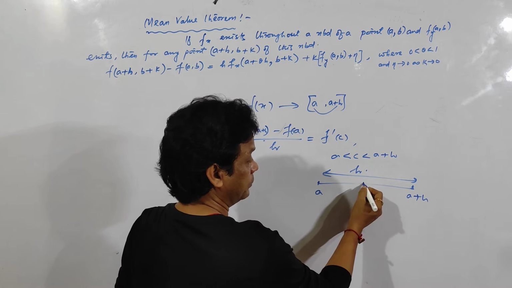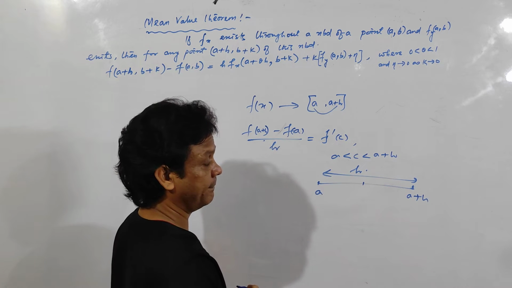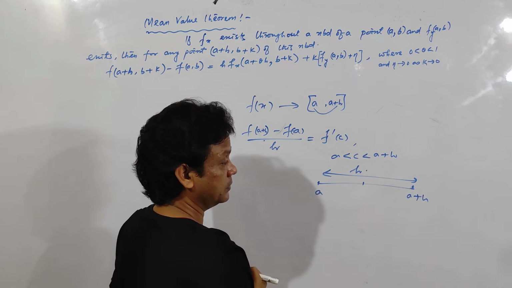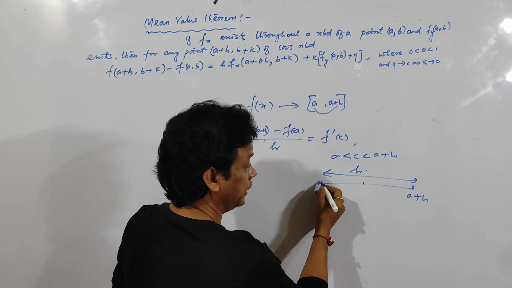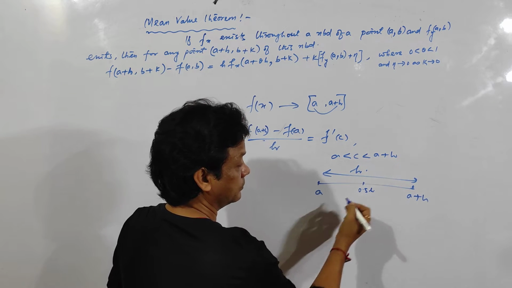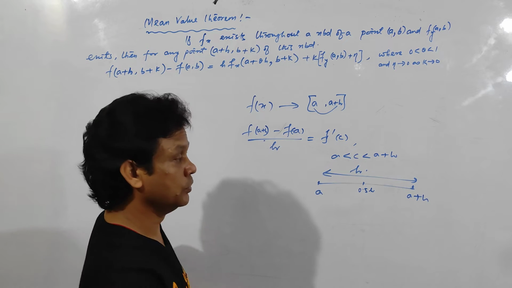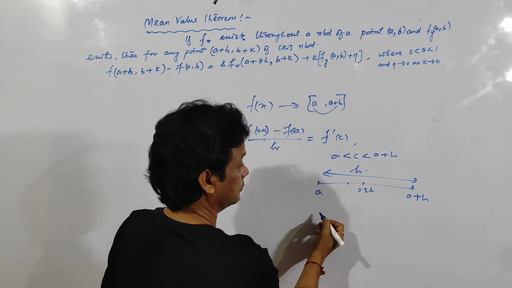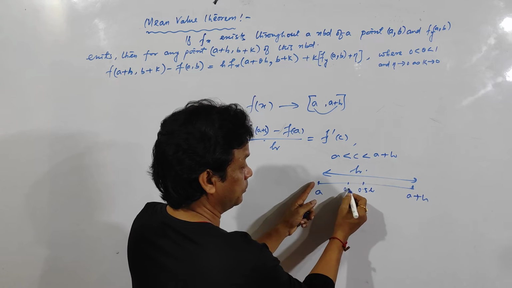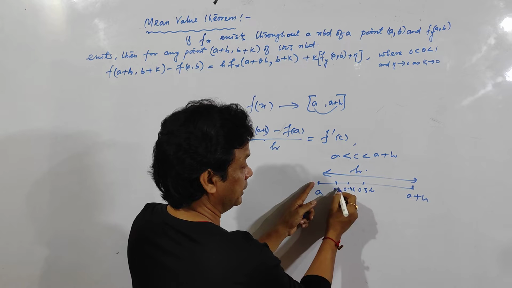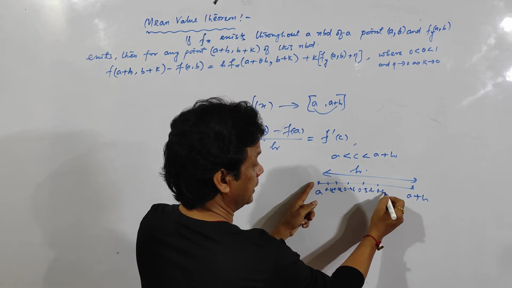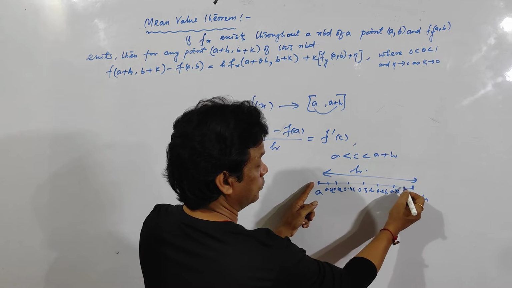See here, mindfully. This total length is h. If this is the midpoint, this length is 0.5 h. If I start from 0, this will become 0.4 h, 0.3 h, 0.2 h, and this is 0.6 h, this is 0.7 h, and so on.